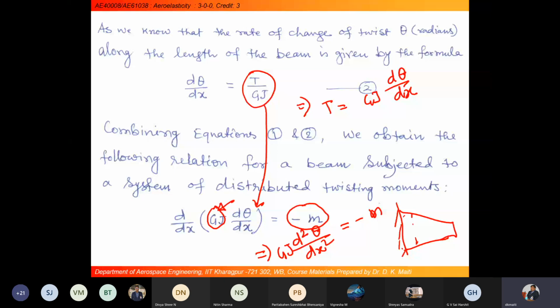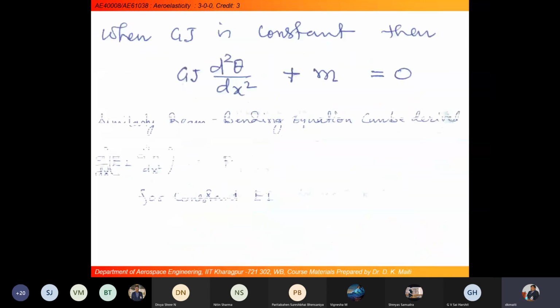First I am taking it as a straight rectangular wing, then I can write this expression as GJ d2 theta by dx square is equal to minus m, and that's what I have shown here. So GJ into d2 theta by dx square plus m equal to 0, that is the torsional equilibrium equation, and the bending equilibrium equation is d2 by dx square of EI d2 w by dx square equal to 0.